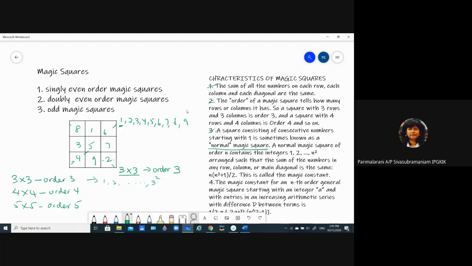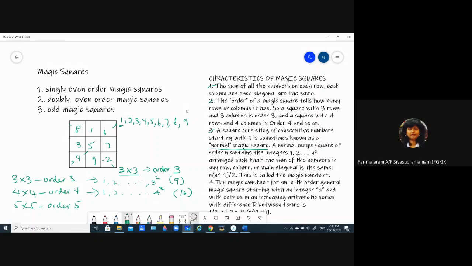So a 4 by 4 magic square, if it is a normal magic square, that means it starts with 1, 2 up till 4 squared. How many numbers will there be in a 4 by 4 magic square? 16. 16, correct. 3 by 3, 3 squared, 9, okay?